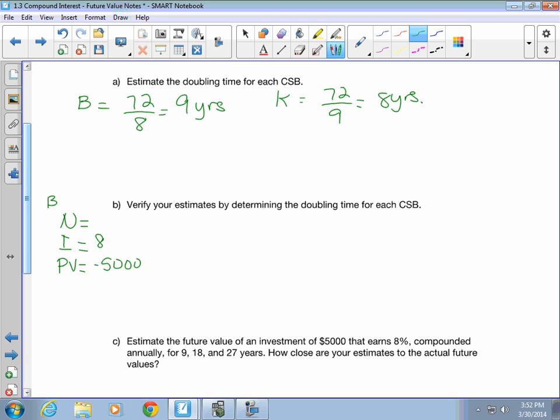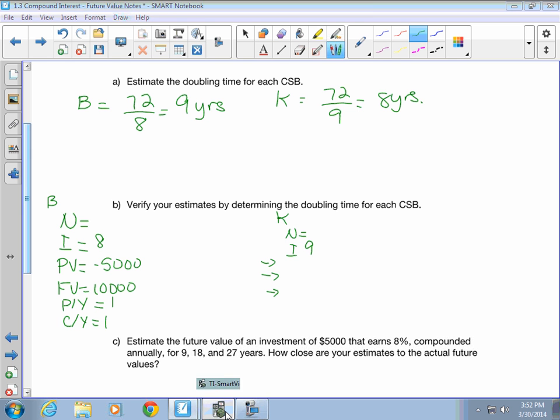Future value, we want it to double, so that'll be 10,000. And this is an annual one. So PY is 1 and CY is 1. For Chris then, our N is what we're finding. Our I though will be 9, and then everything else will be the same as Berta's.